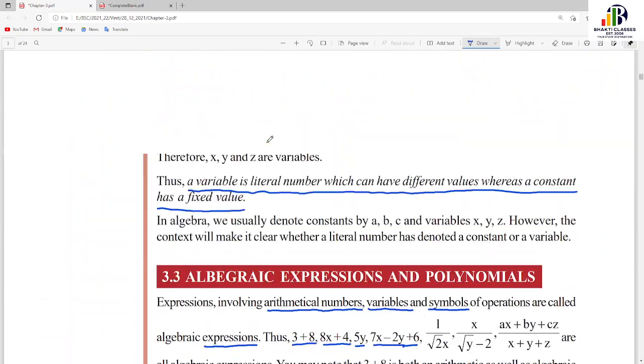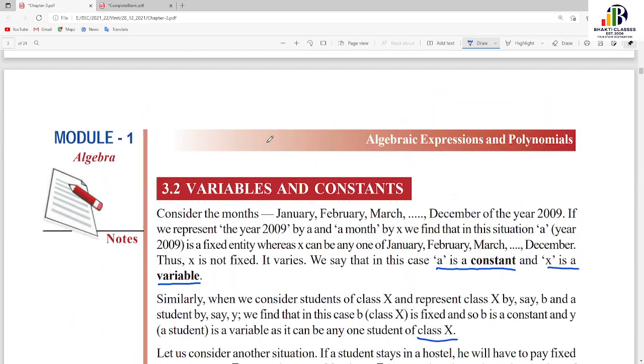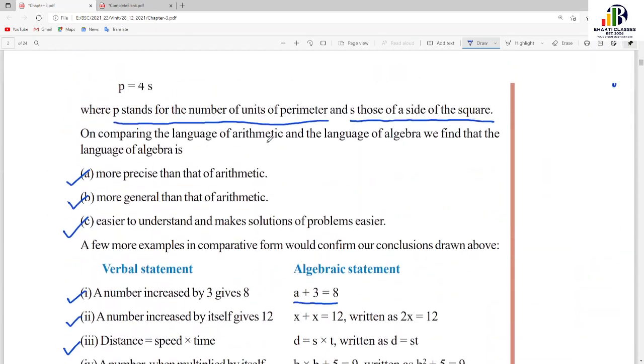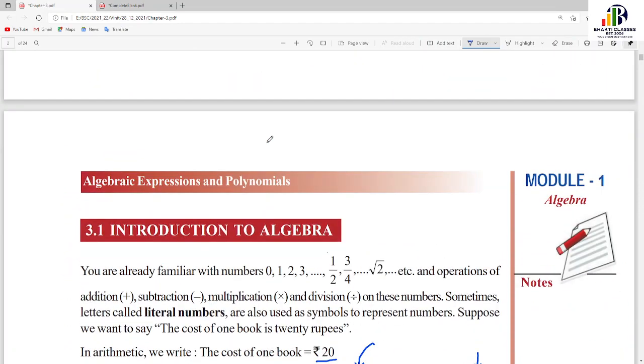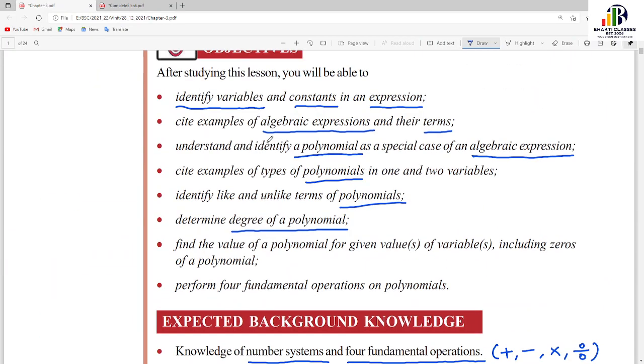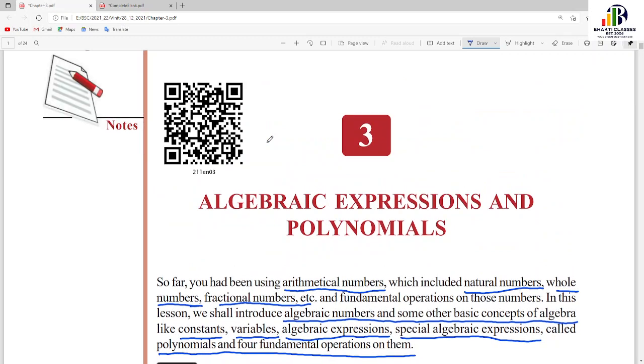So in this period we will learn till this only. In the next period we will learn further in this topic, that is the algebraic expressions and polynomials. So here we are ending today's class. Okay.